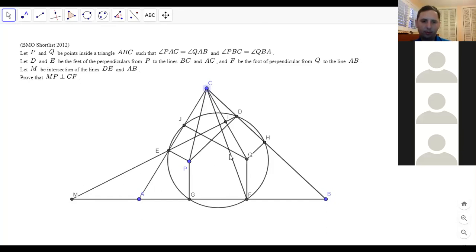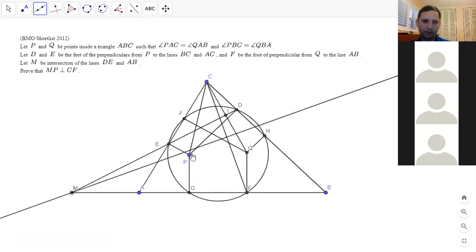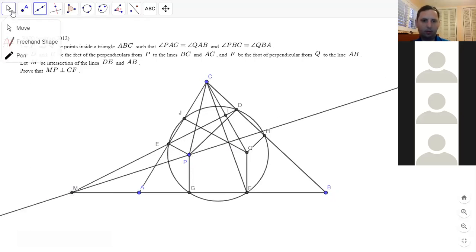So if MP was perpendicular, we'd have like a cyclic quadrilateral, right? If we took the intersection of MP with CF. Yeah, maybe I could do it that way. Oh wait, do those really concur?